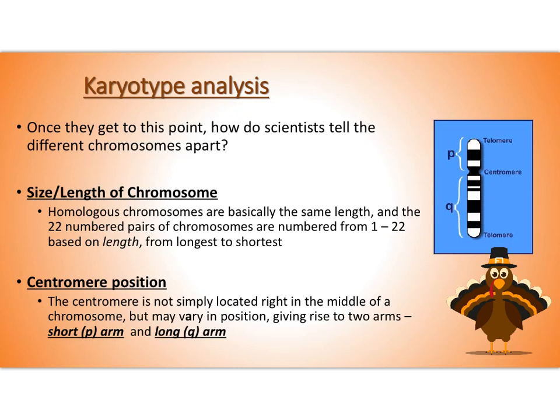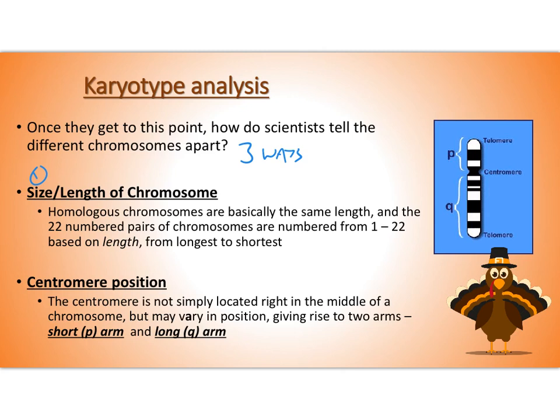Once we've extracted the chromosomes, we can go back to my initial question: how do we tell which ones actually pair together? There are really 3 ways that we can do this. The first way is to look at the length or size of the chromosome. Homologous chromosomes are essentially the same length.